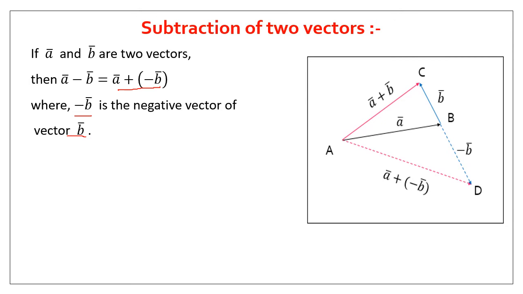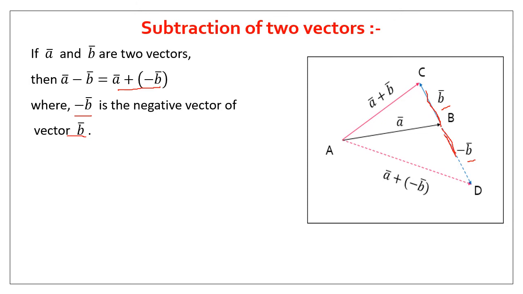Now we want the vector minus b bar, so for it we will draw the BD bar vector which is opposite in direction to that of BC bar, and BC bar is our vector b bar. So BD bar is nothing but minus b bar. See students, BC bar and BD bar are equal in magnitude but opposite in direction.